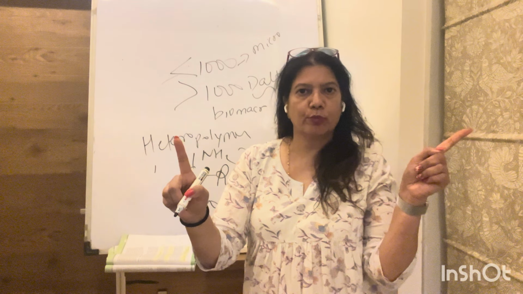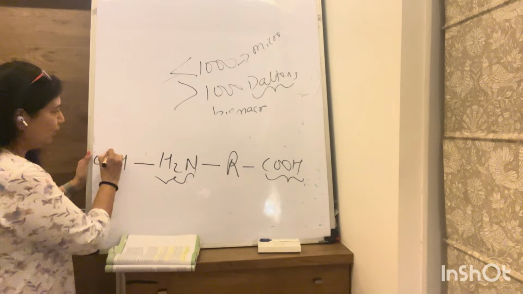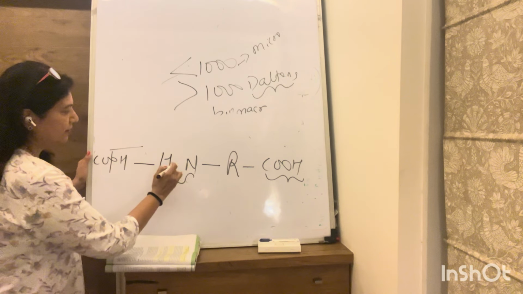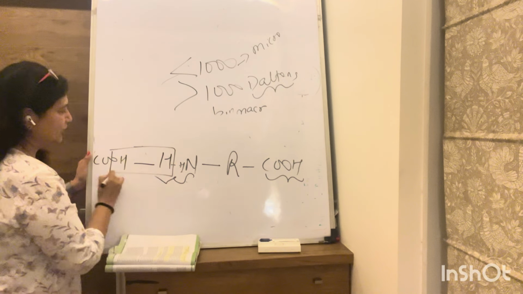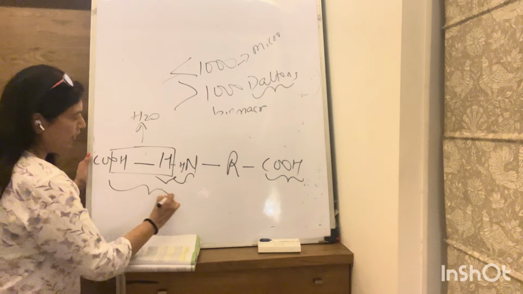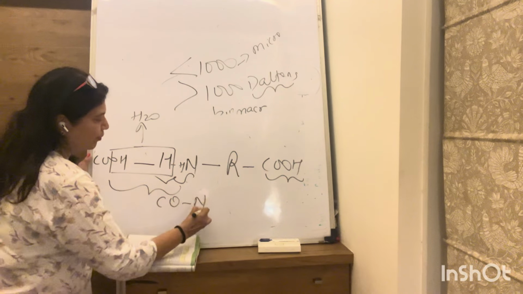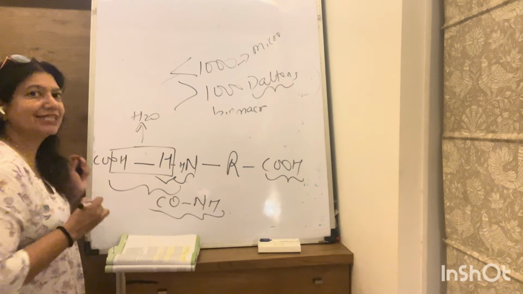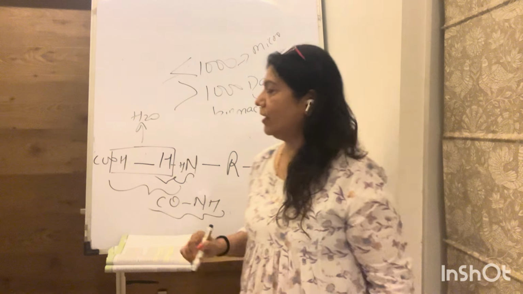And how does one amino acid connect to the other amino acid? The other amino acid comes next to it. Supposing the COOH group of the other amino acid comes next to it, the OH and one H from here are removed, H2O goes out of the system, and the bond that is left is the CONH bond. This CONH link is called an amide link or a peptide bond.